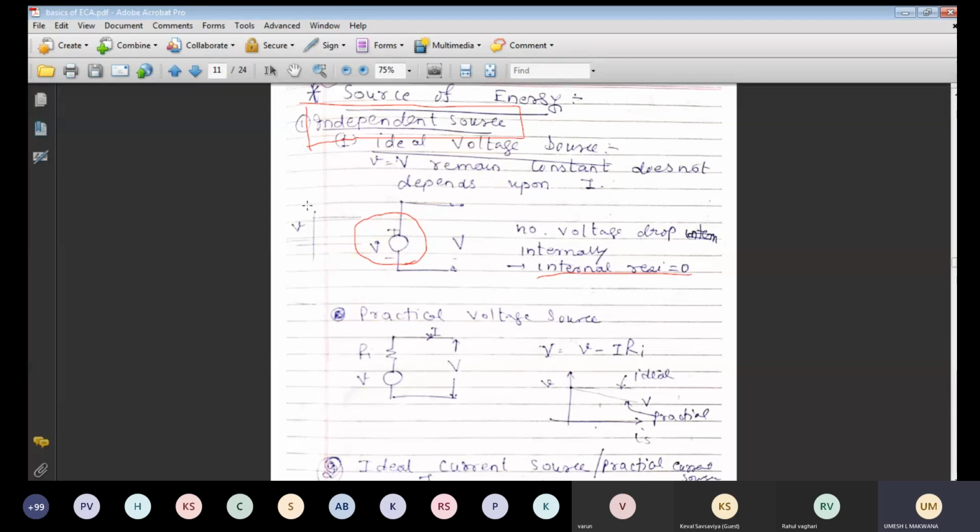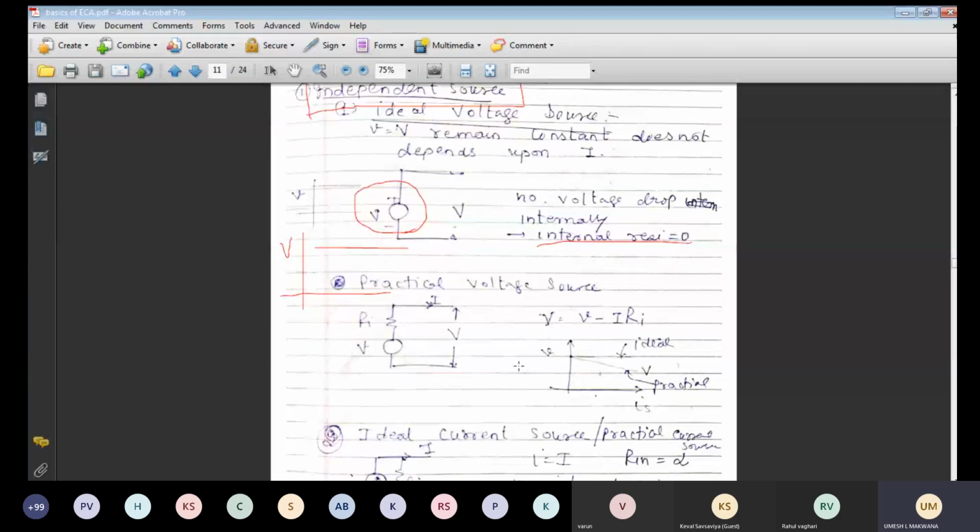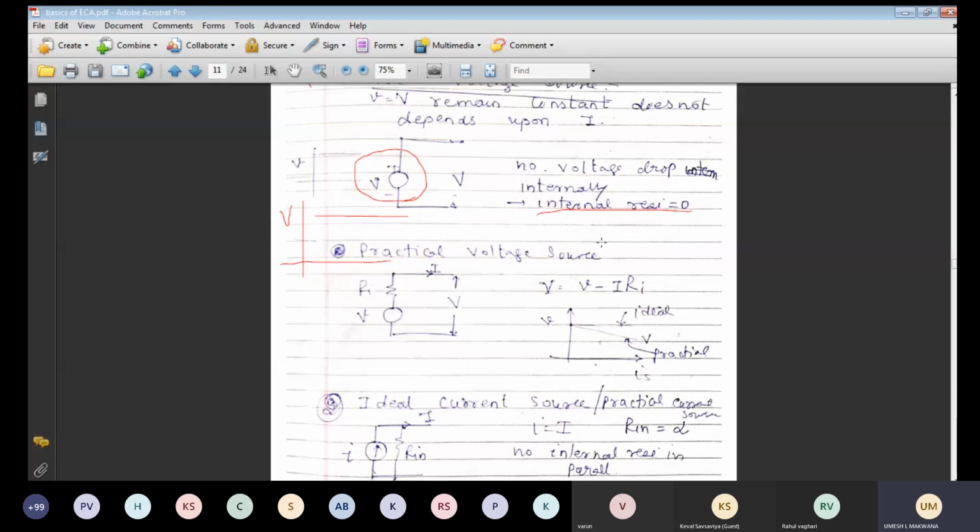If I plot the graph for this source, this is V, and the voltage remains constant, a straight line, because when we load the circuit the voltage remains constant as the internal resistance is zero. But in actual it is not possible, so we connect a practical source.